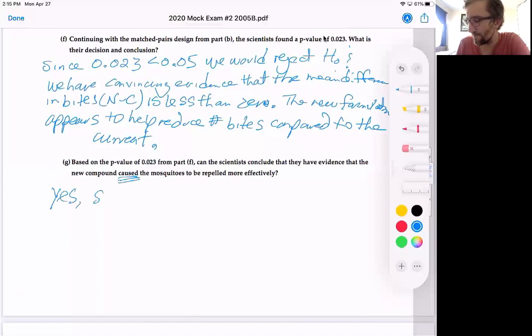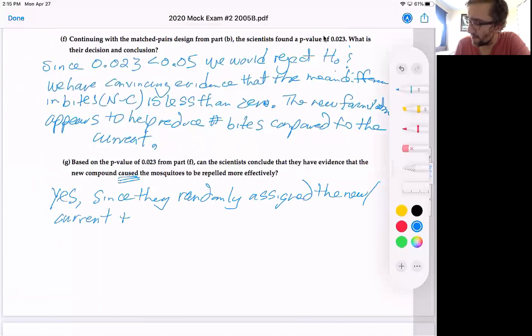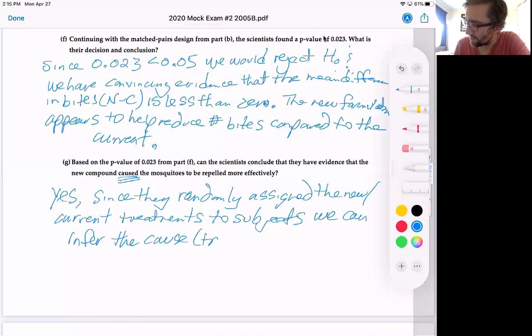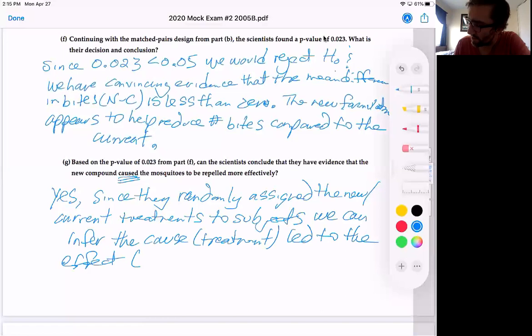We'd say yes, since they randomly assign the new or current treatments to subjects, we can infer the cause, which is the treatment, led to the effect, which is fewer bites.